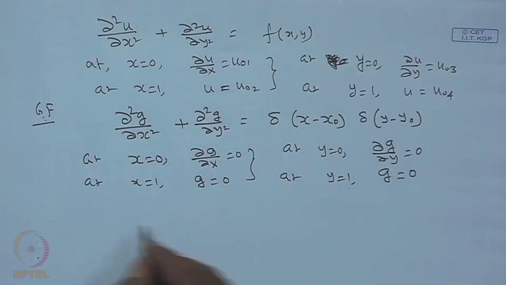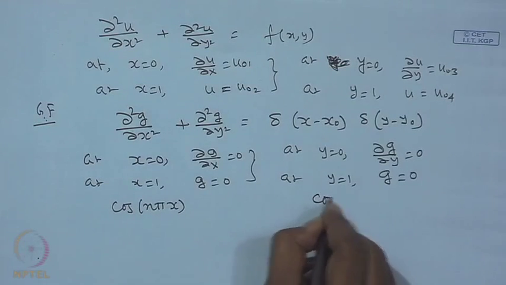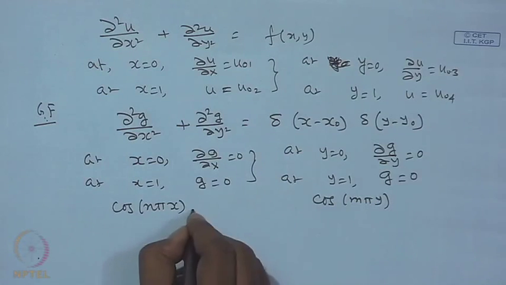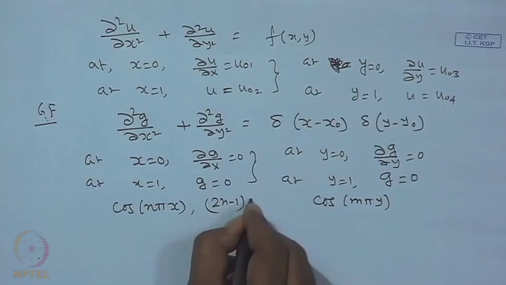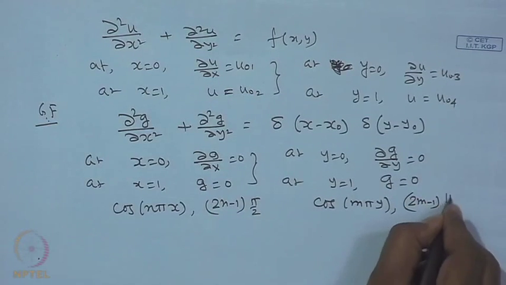So, therefore, in this case cosine n pi x and cosine m pi y are the eigenfunctions with the eigenvalues (2n minus 1) pi by 2 and (2m minus 1) pi by 2.